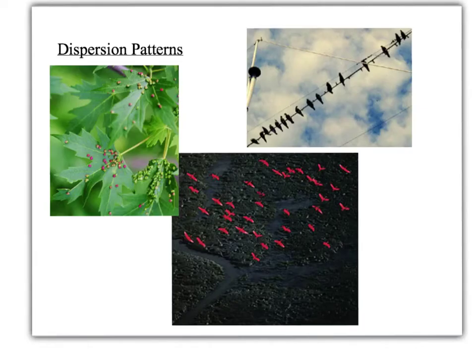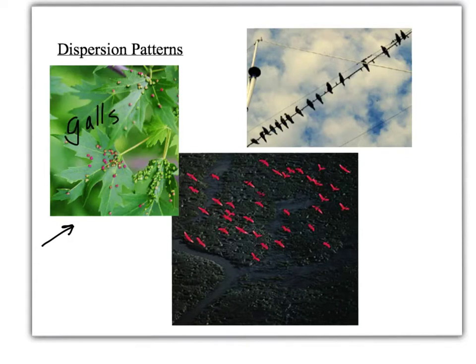Another thing scientists are interested in when it comes to populations is the spacing within a population. We call this spacing the dispersion pattern, or how much room is between individuals of a population. In this first picture, what you're seeing is maple leaves with little tiny bumps on them that are actually something called galls. G-A-L-L-S.